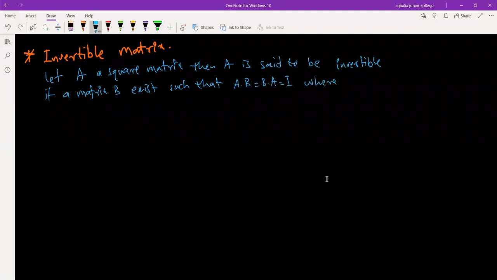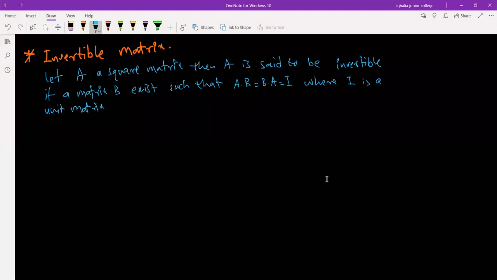So, let A be a square matrix, then A is said to be invertible if a matrix B exists such that A into B or B into A is equal to I, where I is the unit matrix.